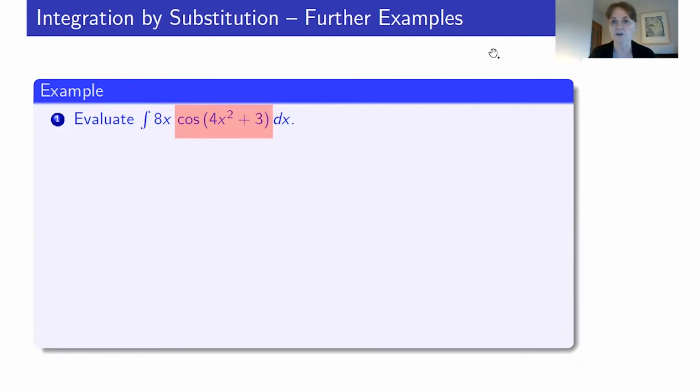So the inner function here is 4x squared plus 3, and that's what we let u equal to. Then we look at the relationship between u and x by finding the derivative, du dx. And we see that we can write du as 8x times dx. And that is going to work for us because in our original integrand, we have 8x and dx.